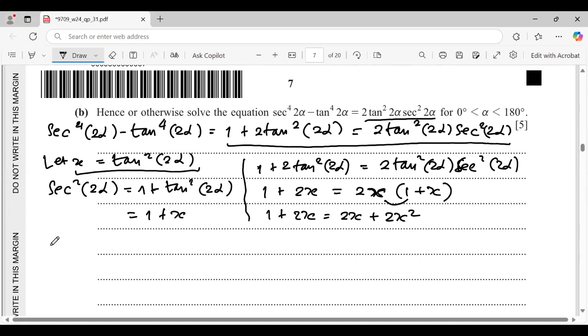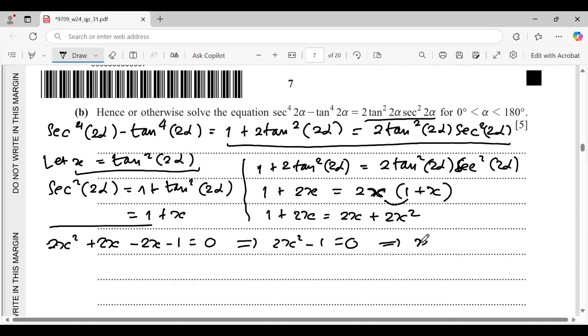So it becomes 2x squared plus 2x minus 2x minus 1 equals 0. So it becomes 2x squared minus 1 equals 0. So x squared equals 1/2 and x equals 1 over square root 2.